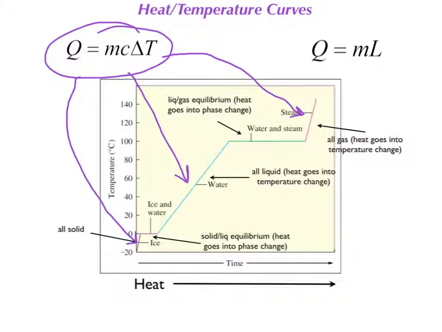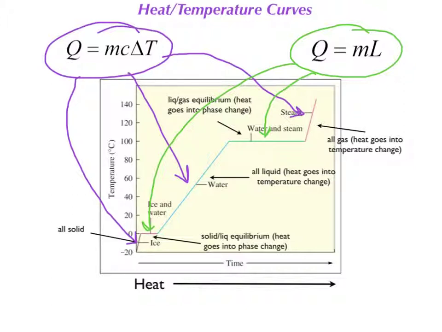Everywhere the graph is flat, a phase change is happening. What this tells us is that the energy we're putting in is going into pulling apart those little ice bonds, making the ice into liquid water. And then here it's changing the water bonds, ripping them all apart and making steam.